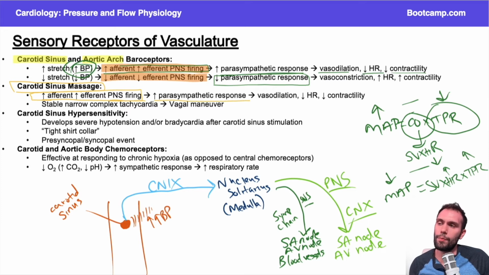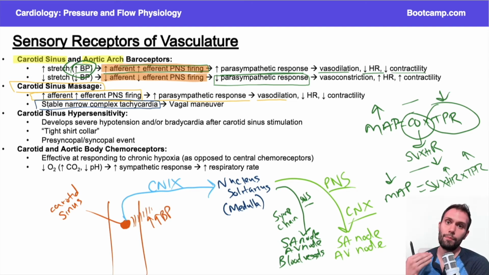So carotid sinus massage should give you a parasympathetic response, and it's going to cause vasodilation, decrease in heart rate, and decrease in contractility. So what happens is if you have a patient that has an arrhythmia, particularly the big one is going to be supraventricular tachycardia or SVT. And with that patient, a lot of times what we will try to do initially before we start to give medications is we'll do a carotid sinus massage first.